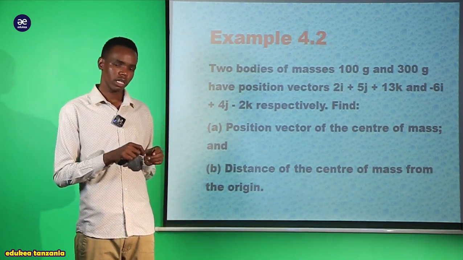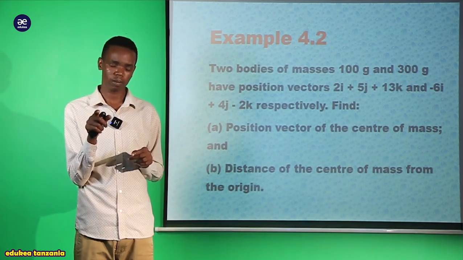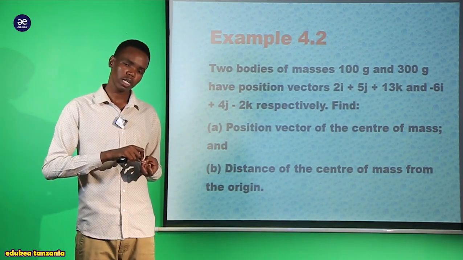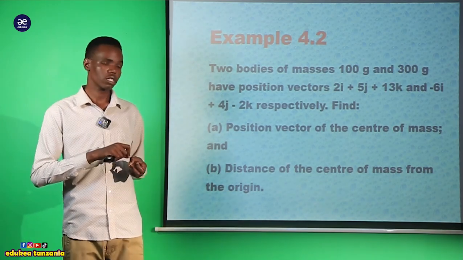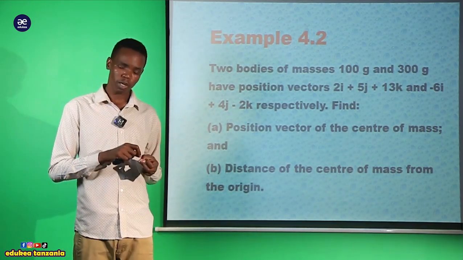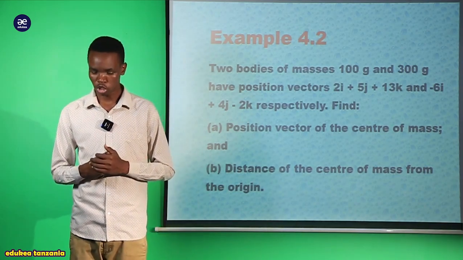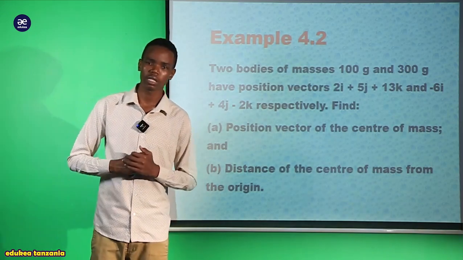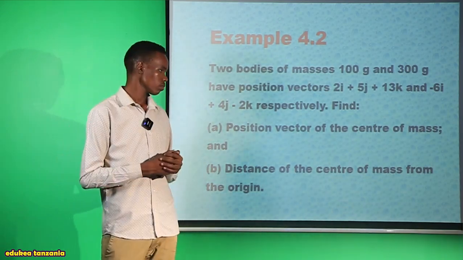Since the particles are connected together, now we are supposed to find the distance. It means the distance of the center of mass from the origin, from the origin up to the point that connects the masses. That is what we are supposed to find in our question here.